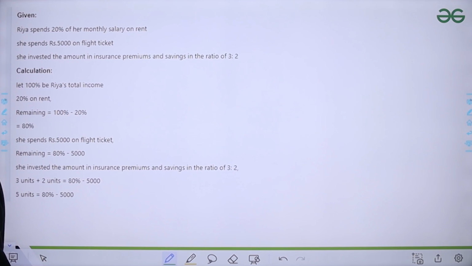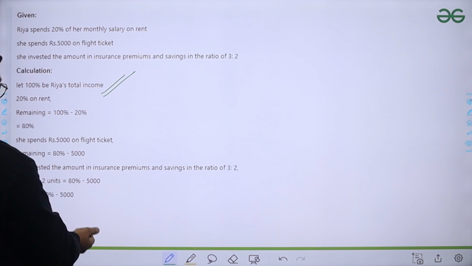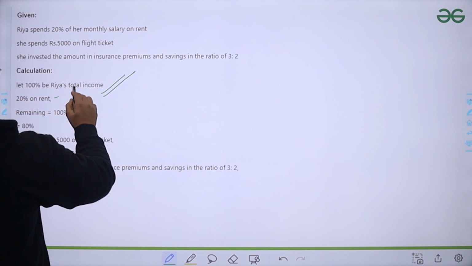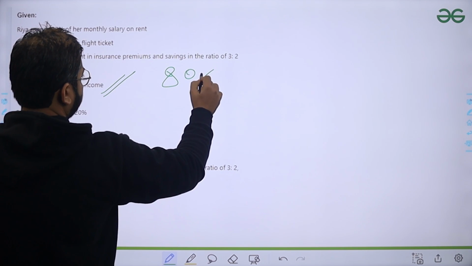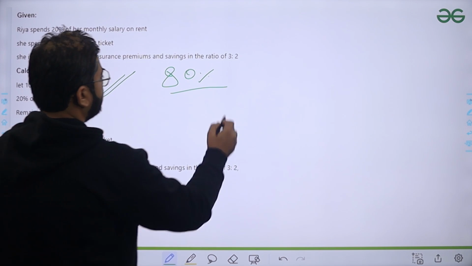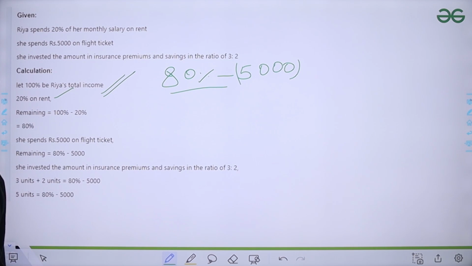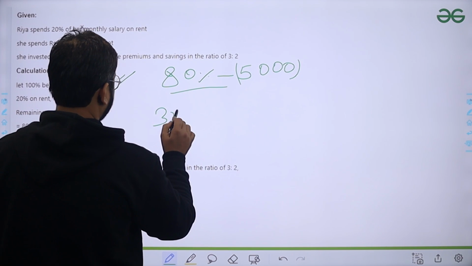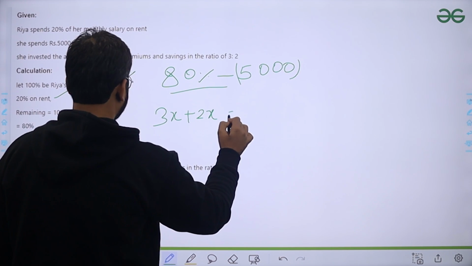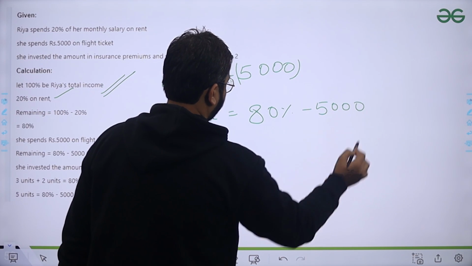रिया स्पेंड, सो फर्स्ट जो है हम लोग अज्यूम करते हैं कि हमारा 100% जो है रिया की मंथली इनकम है, ठीक है. सो 20% ऑन रेंट गया, सो 80% रिमेनिंग हुआ. She spent 5,000 rupees on the flight ticket, so 80% में से 5,000 रुपीज हम लोगों ने माइनस कर दिया. She invested the amount in the insurance premium and saving in the ratio 3:2, okay. It means 3x, 2x that is equal to 80% minus 5,000, ठीक है.